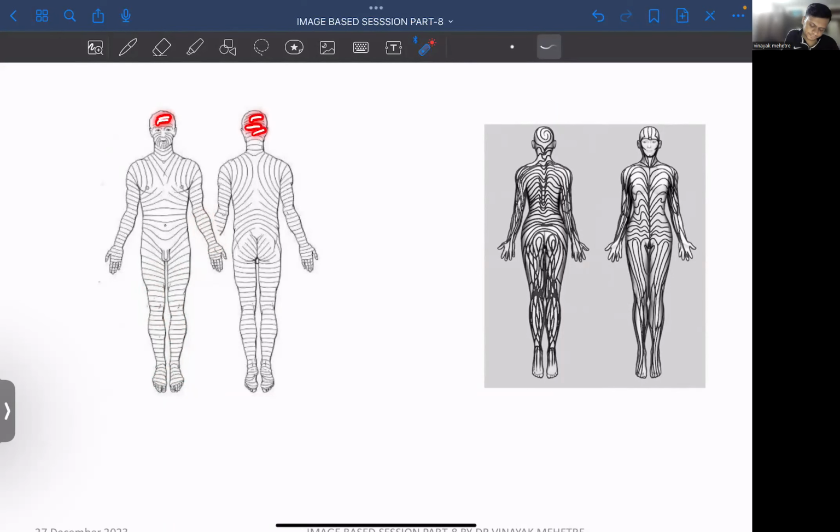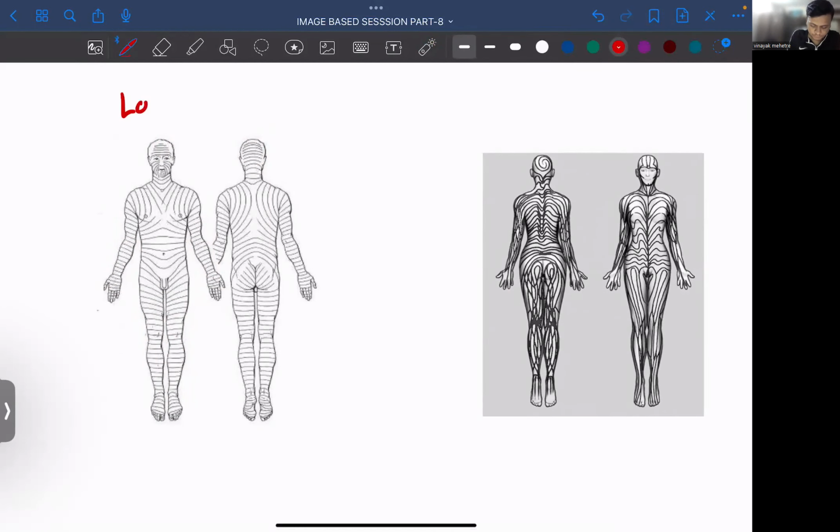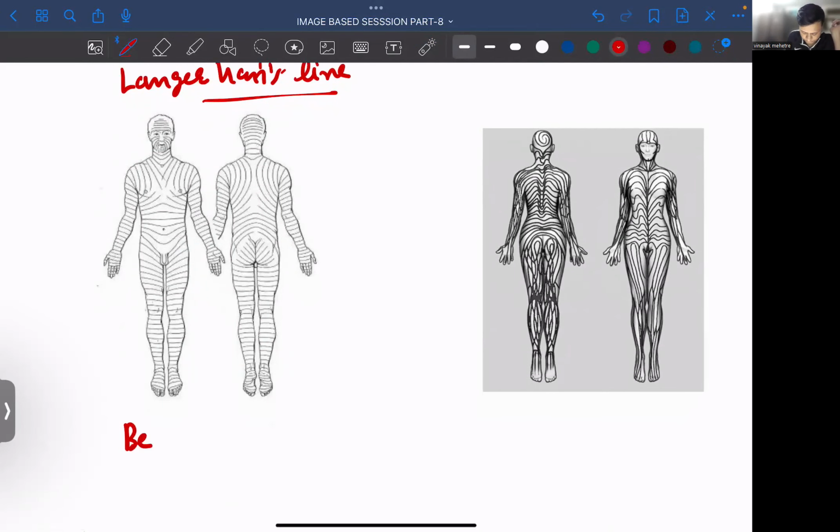Straight line on forehead, on hand, on leg is called as Langerhans line. क्या बोलेंगे हम इसे? Okay, yes, it is for better wound healing. It is for okay, if you will cut along this line, there will be better wound healing surgery के लिए, right?